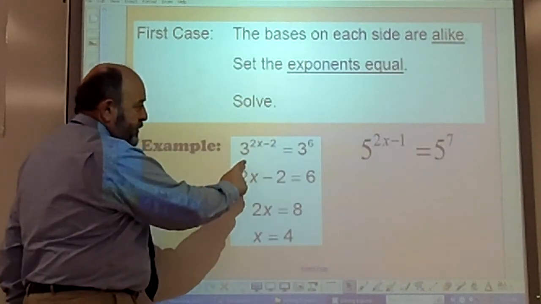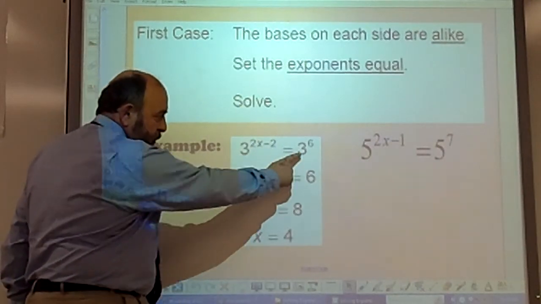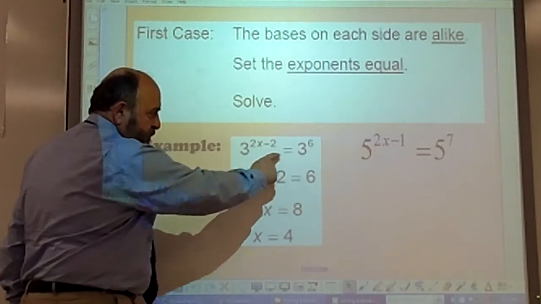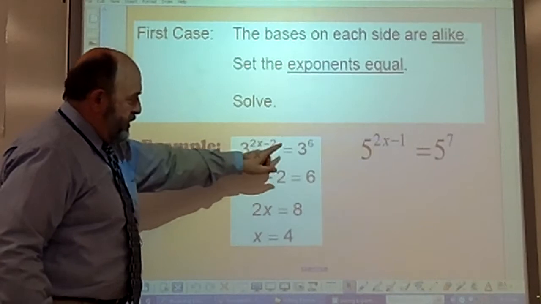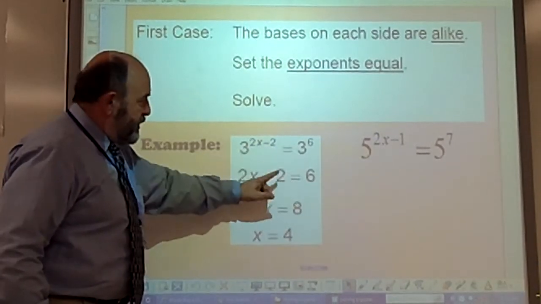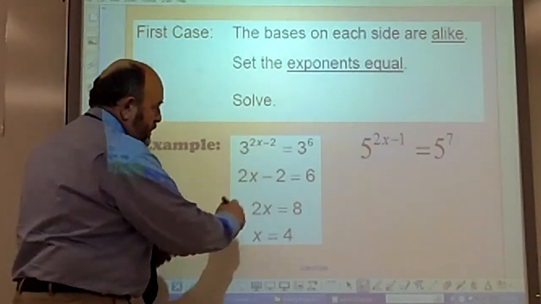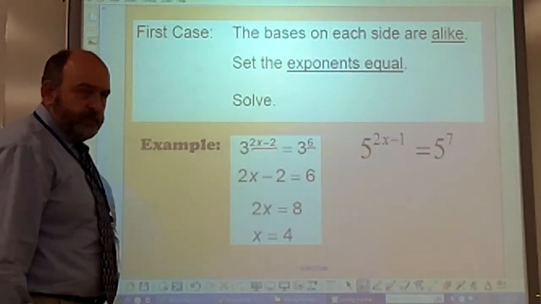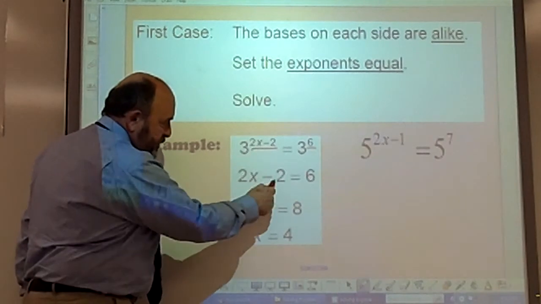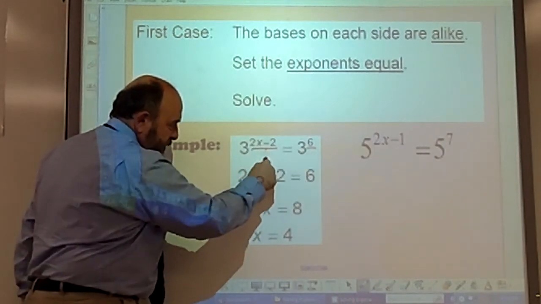And by the bases are alike, we're talking about the large numbers. And so in this case, our bases are the same, the threes, and if the bases are alike, then we can take the exponents and set them equal to each other. So 2x minus 2 is equal to 6, right there, see?